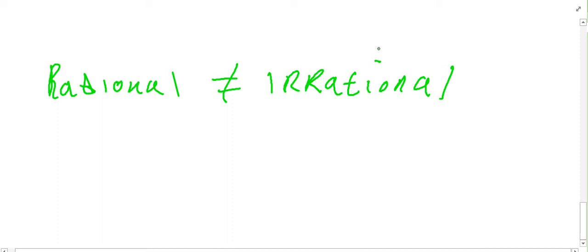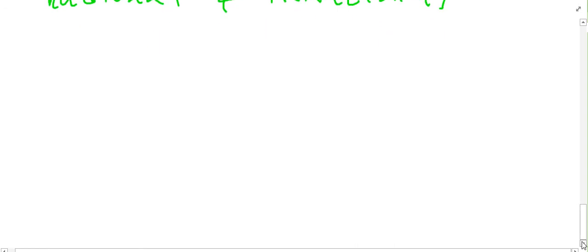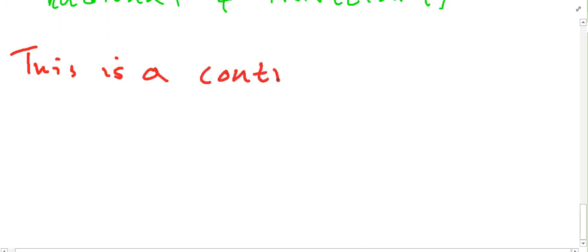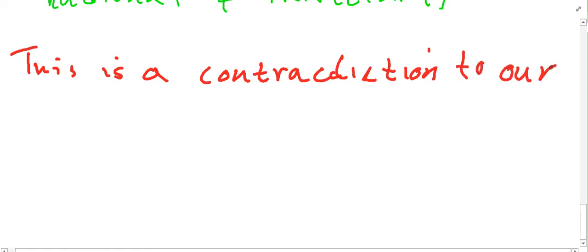So since those cannot be the same, this is a contradiction to our assumption, because our assumption has to give us a rational value. So we can say this is a contradiction to our assumption, because we had to make an assumption.